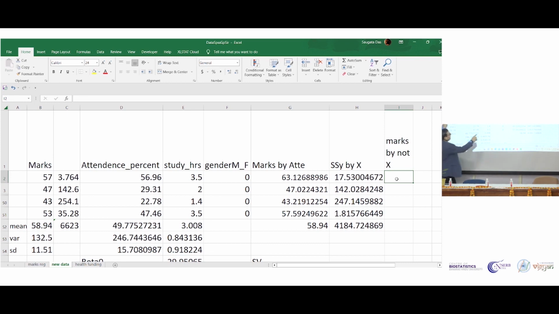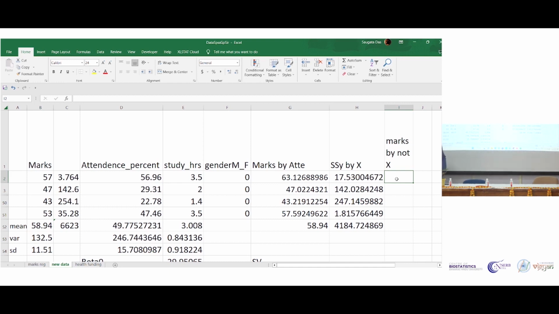And from our regression analysis, we have obtained this one as marks by role of attendance. So if we subtract this one from this one, then again we will get not x.